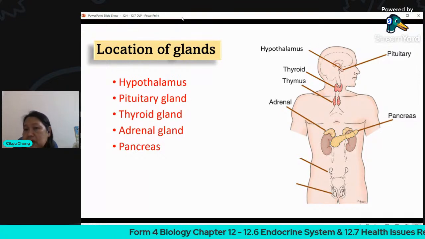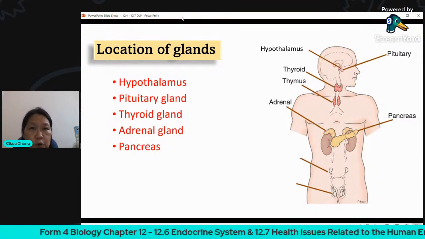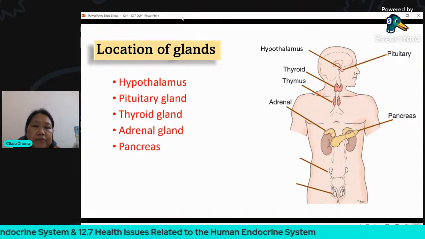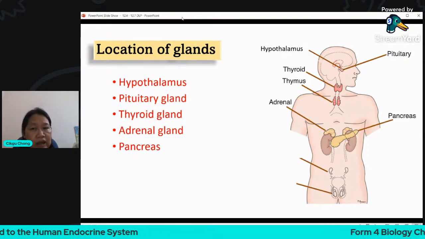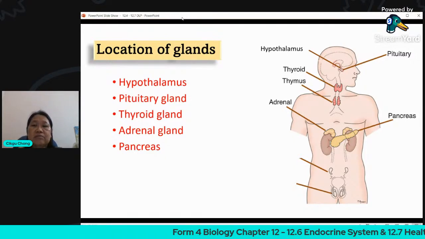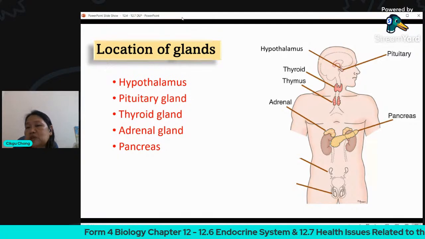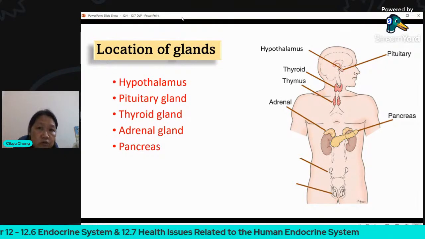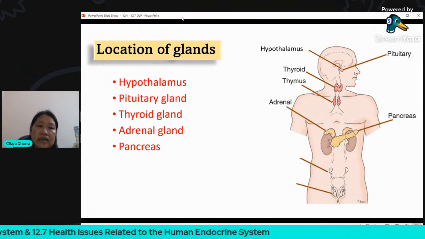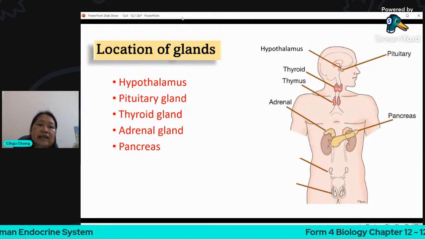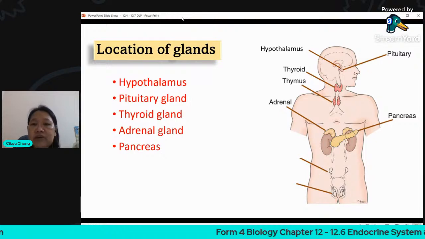In that case, the pancreas is also an exocrine gland, because glands that produce enzymes have ducts. So the pancreas is an exocrine gland and also an endocrine gland, because it also produces hormones. For enzymes, these glands are exocrine. For hormones, they are endocrine. So there is something special about the pancreas.